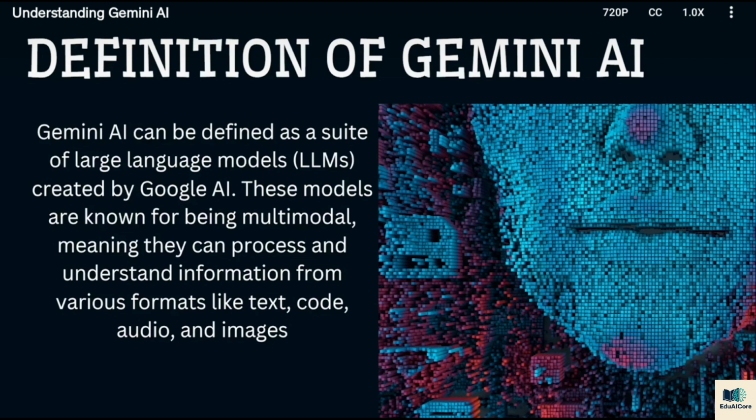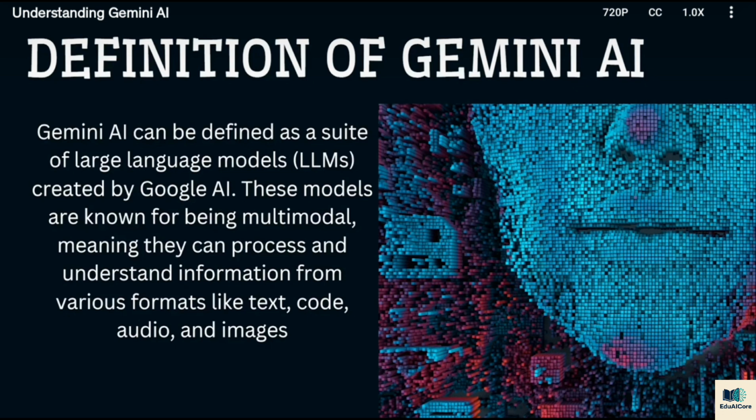But the next two things are a bit different from ChatGPT. If you give it some kind of audio, it will try to understand what the audio is about. And if you give it any kind of image, it will try to understand that image as well.